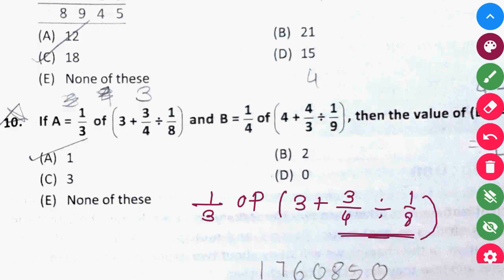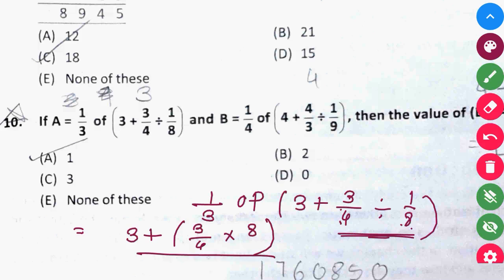So first we will do the division here. So to make the base common, we have to multiply here. Now see 3 plus 3 upon 4, when 1 by 8 is in division, 8 should become as in multiplication.